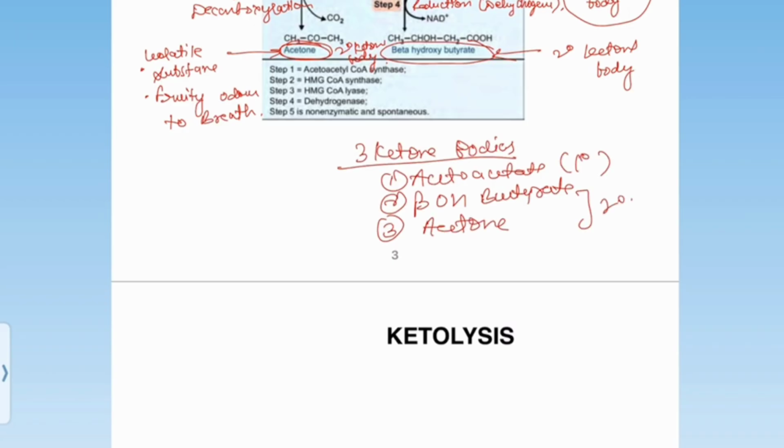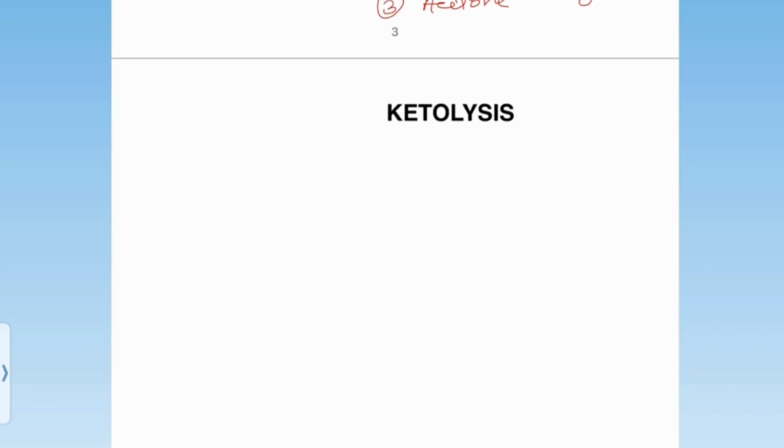Now we have ketone bodies, but how will these ketone bodies ultimately provide us energy? Then there comes ketolysis, where those ketone bodies which are formed in ketogenesis undergo utilization.